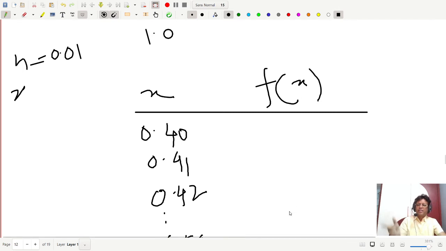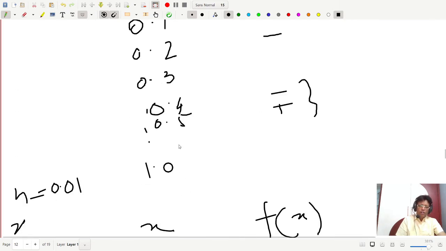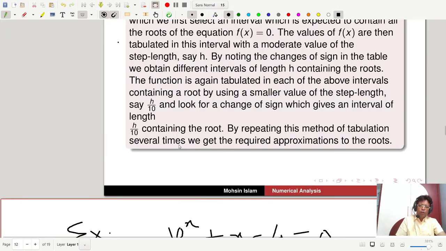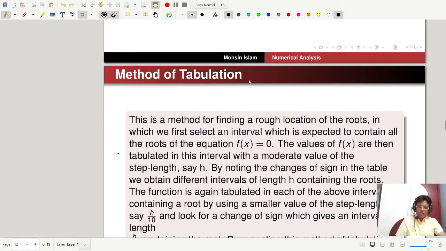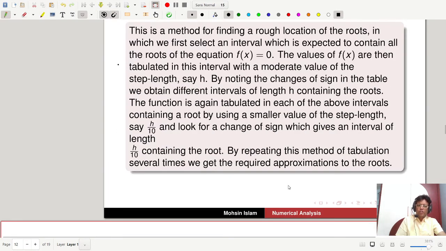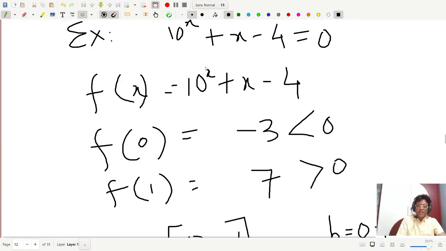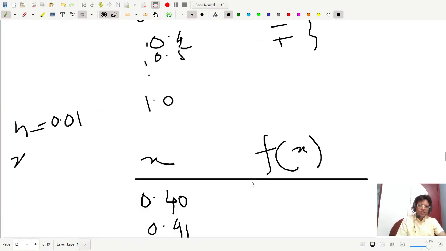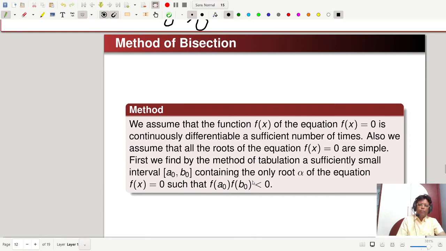You will get another interval with two decimal places, and again you can choose a step length 0.001. That will give the root to three decimal places. So in this way you can improve your roots. Okay, this is the method of tabulation. This is a very beautiful method. That was explained here. You can go through these explanations once again, and this is the example. Next is method of bisection.